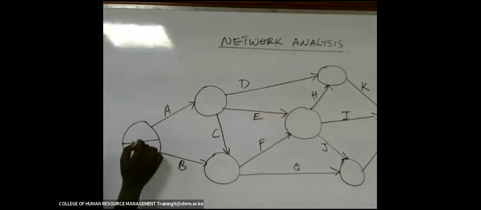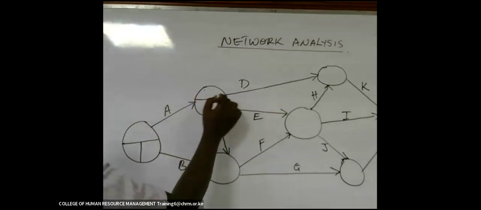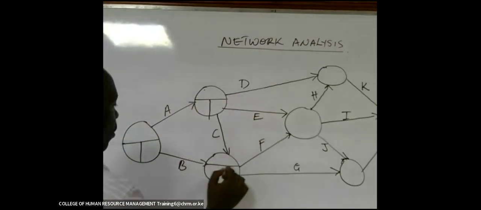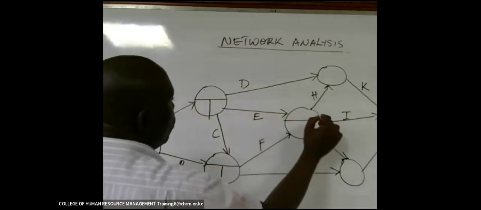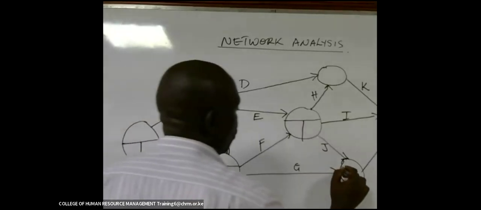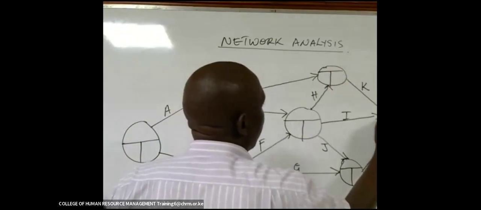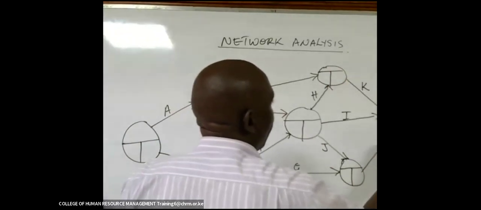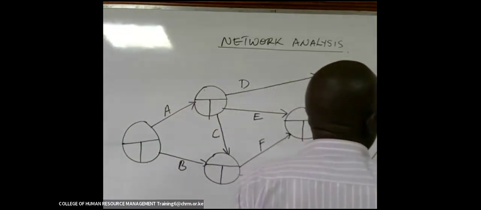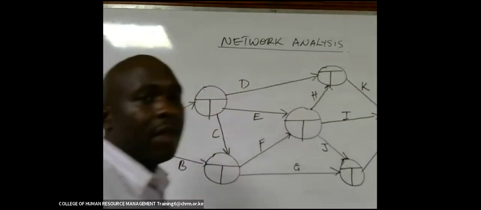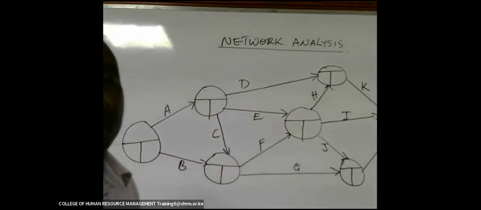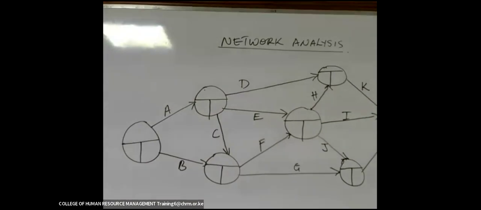I'm going to divide all of them into 2 like this, so that we can start with the earliest start time. So I want us to indicate the time estimates for each and every activity.